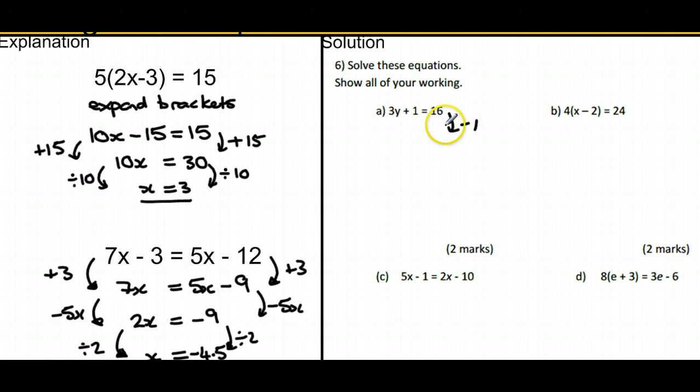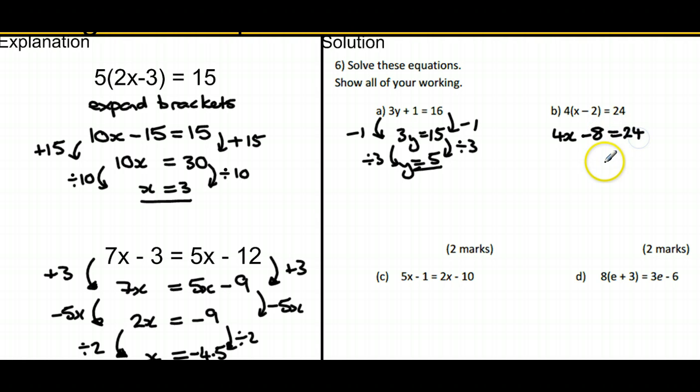So the first step for this one is to take away 1 from both sides, which will leave me with 3y is 15. If I then divide by 3, because we've got 3y, y is 5. This one's got some brackets, so the first thing we can do is expand the brackets. 4x minus 8 equals 24.